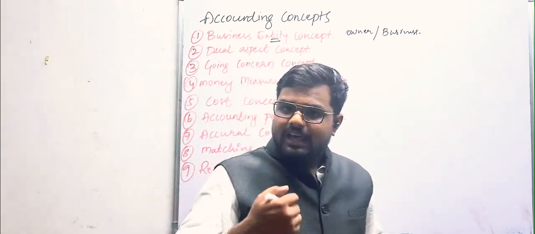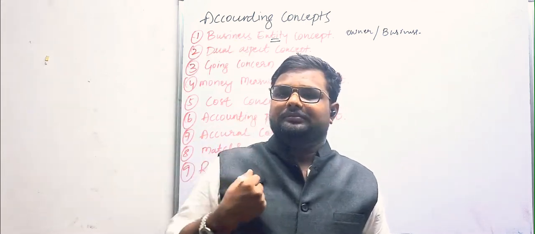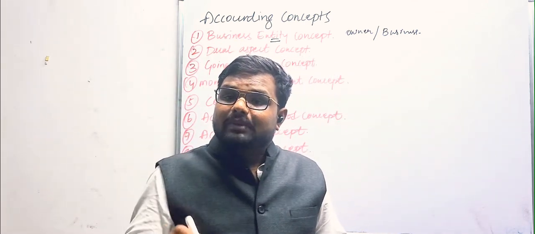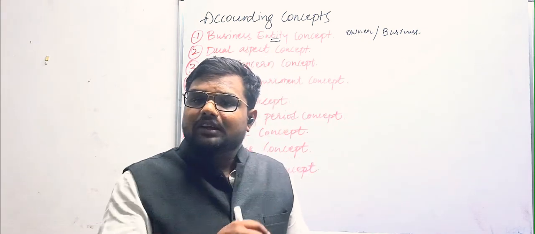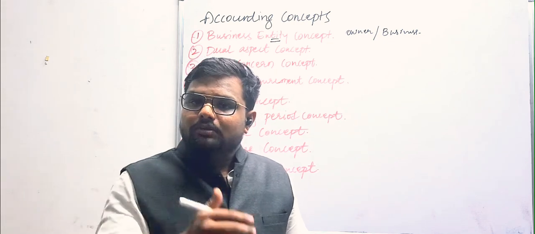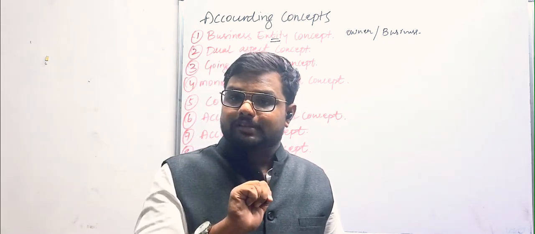For example, I am paying my house electricity bill from the business amount. Will you take that in the business expense? No, you will not take that, because that belongs to my personal expenses.